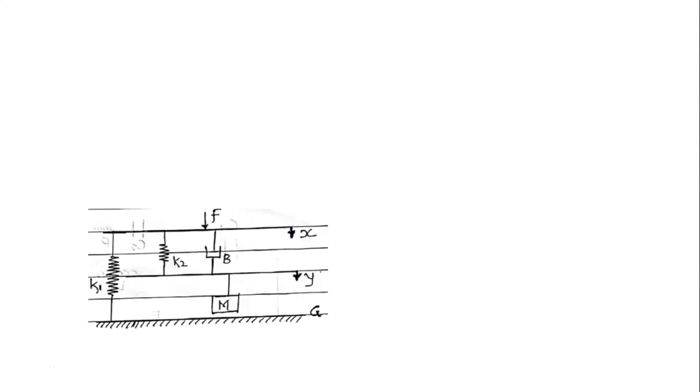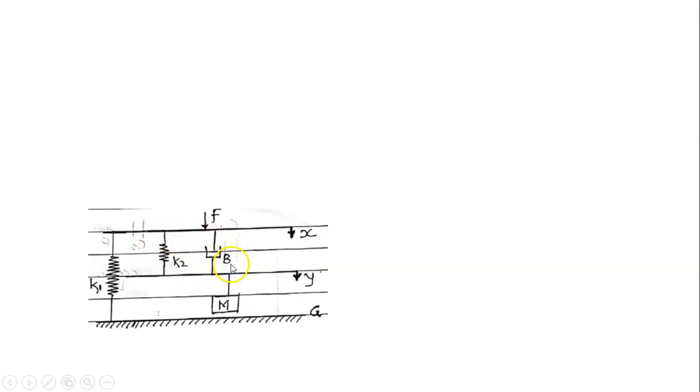Now, we will construct the direct analog circuit. Again, the same grounded chair representation is there, K1, K2, B and M. Now, you just see K2 and B are in series. Therefore, here two electrical elements in series will be there.